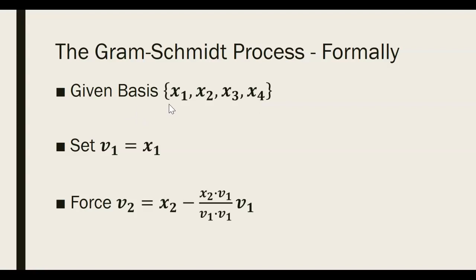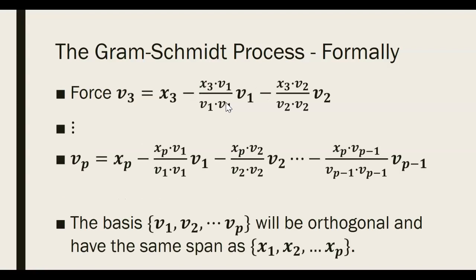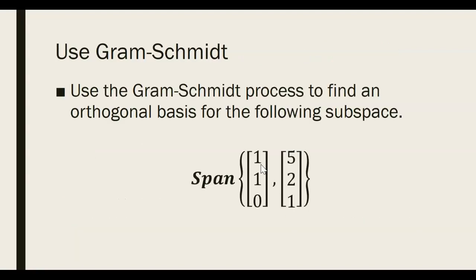On homework problems, I'm always going to call the first one x1 and then the second one x2, so it'll be in order. So when I get to a question like this, (1, 1, 0), (5, 2, 1), I'm going to call x1 (1, 1, 0), and x2 I'm going to call (5, 2, 1). So hopefully that makes sense. That's how we're going to play it.